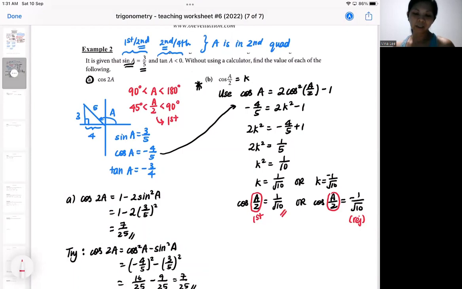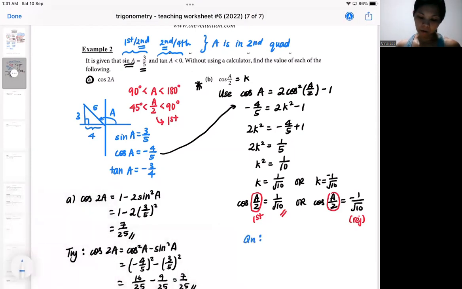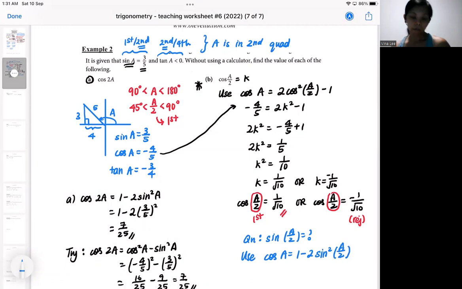This part is a bit difficult, and some people will forget about using the half-angle formula. If the question is asking for sine A/2, we will use the other one instead. We will use cosine A equal to 1 minus 2 sine square A/2. The question can also ask for tangent A/2.